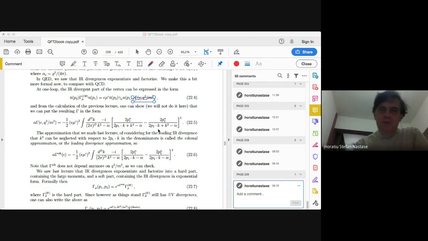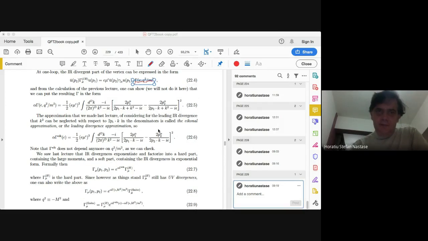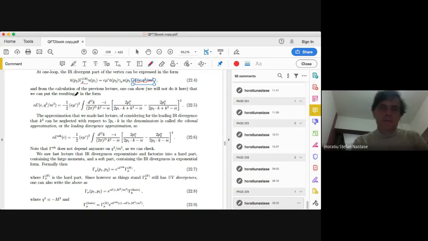Now, the point about writing it in this way is that now in these denominators, the part we're interested in is the infrared divergence part, where k, the momentum in the loop, will be very small.